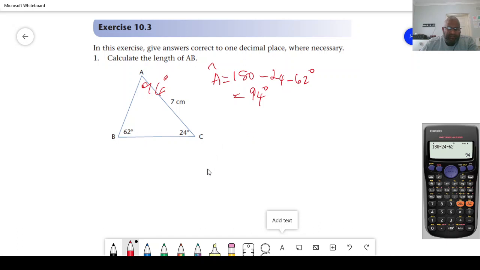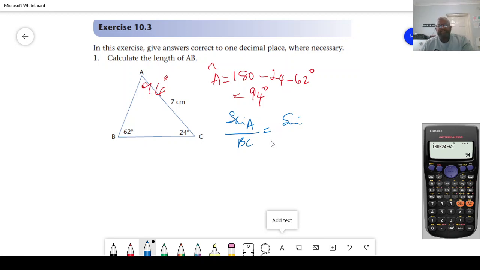So we can now say that sine of angle A over A, in this case BC, is equal to sine of B over AC, is equal to sine of C over AB.